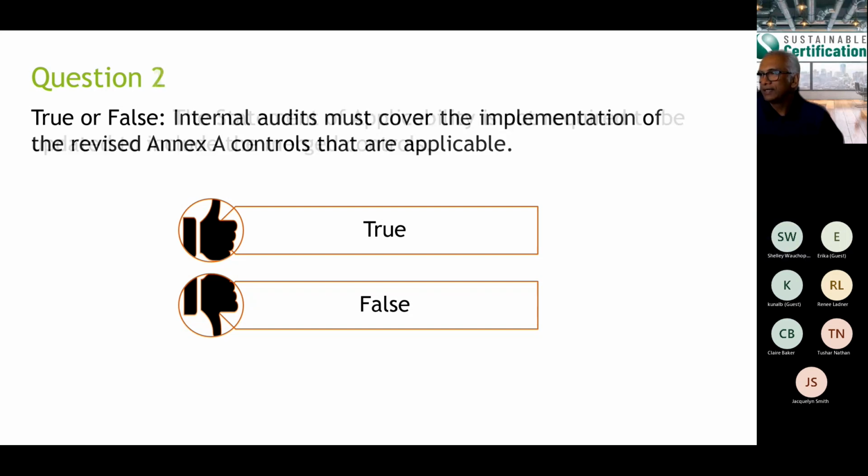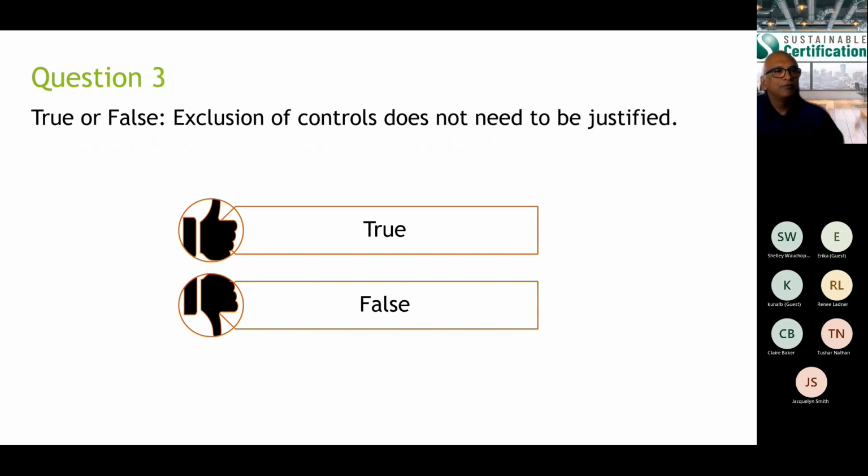So full marks. The second, true or false: internal audit must cover the implementation of the revised Annex A controls that are applicable. True. 100%. Third, true or false: exclusion of controls does not need to be justified. False.